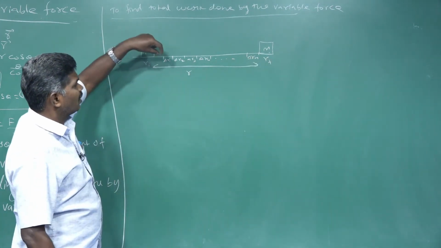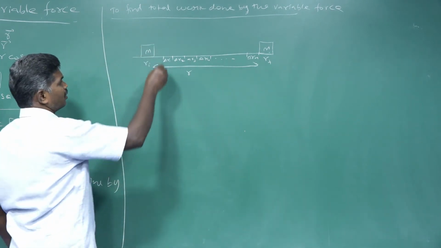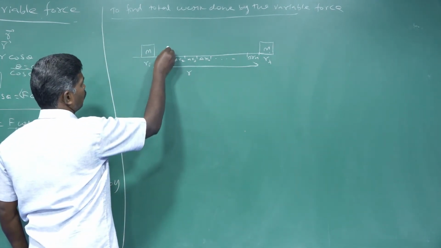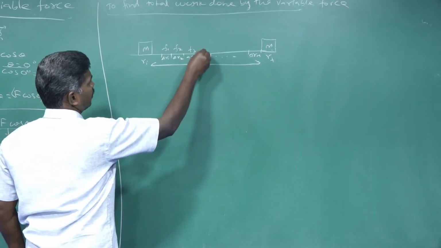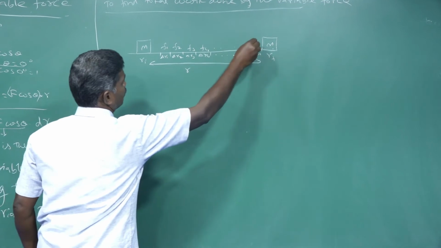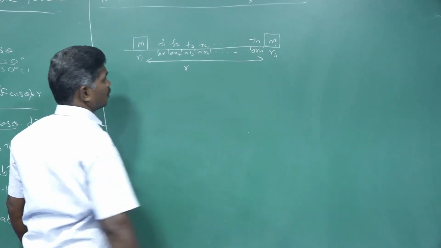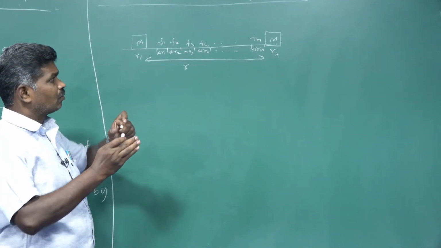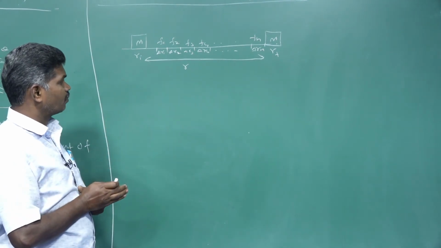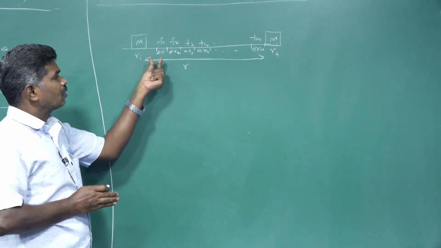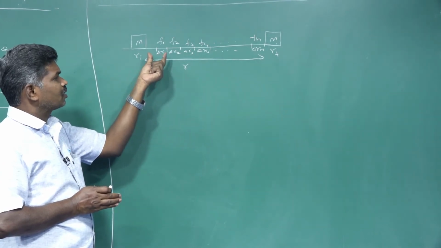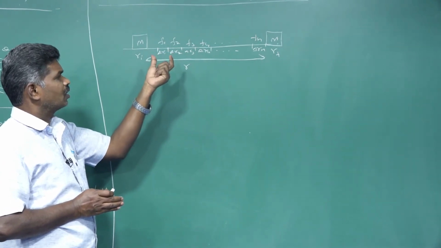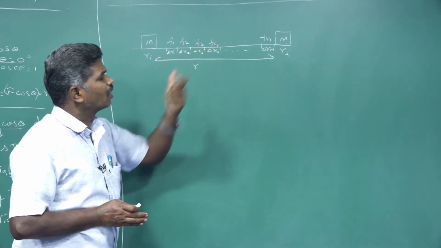At each and every instant of position, we consider a certain amount of force: F1, F2, F3, F4, up to Fn. For finding the total amount of work done, we add the work done over the del R1 distance, del R2 distance, del R3 distance, up to the del Rn distance.